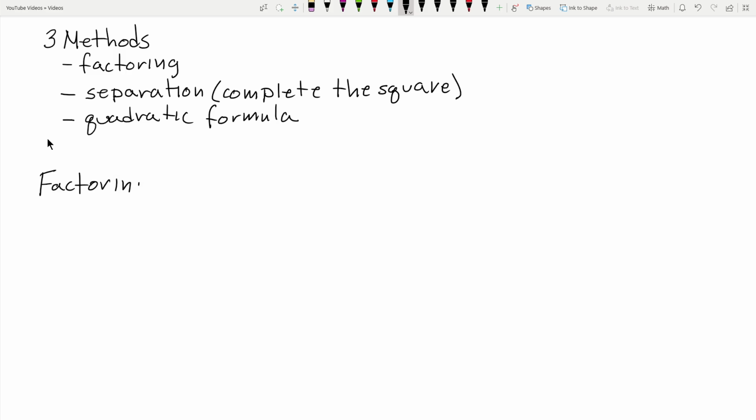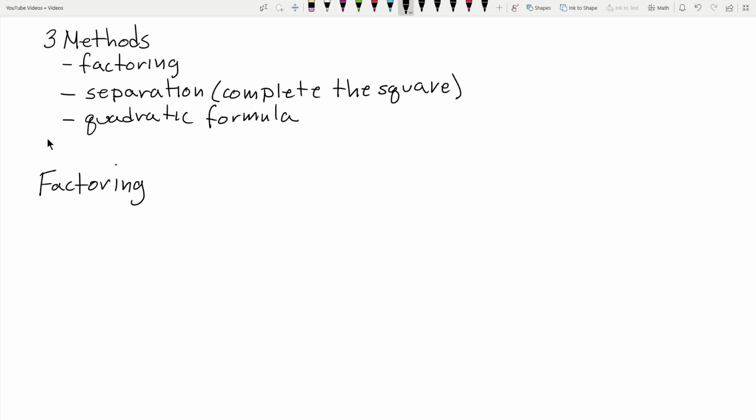Now, I'm not going to teach you how to factor here. I'm going to assume you already know how to do that, though I'll give you some hints along the way. The first thing you need to know about this method is it's based on a theorem in arithmetic called the zero factor theorem.